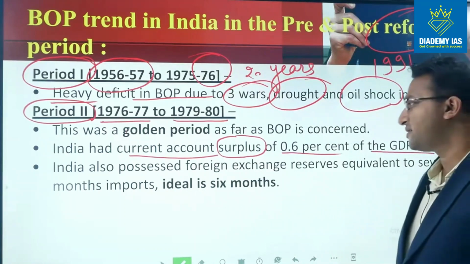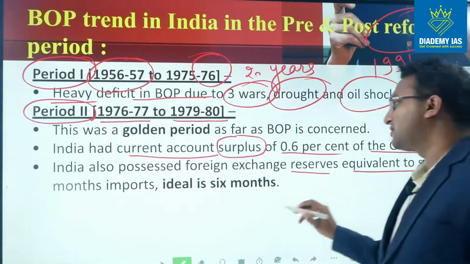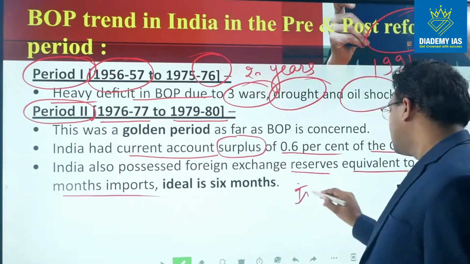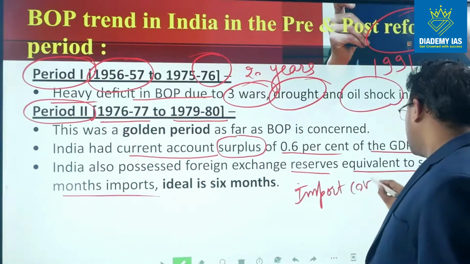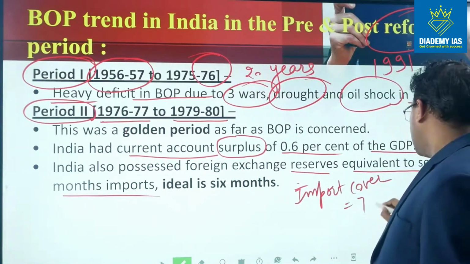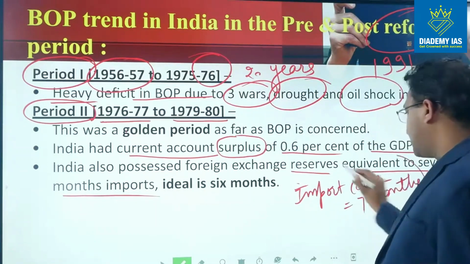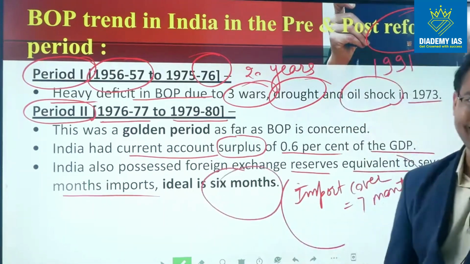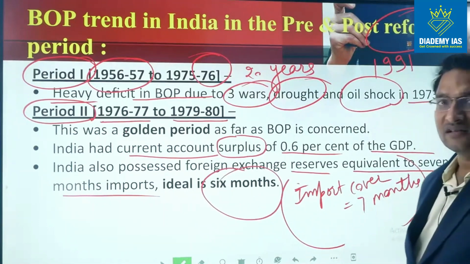India also possessed foreign exchange reserves equivalent to 7 months import, right? So our import cover was 7 months, right? The ideal import cover in India is 6 months, right? We will discuss the concept of import cover in the subsequent slide.